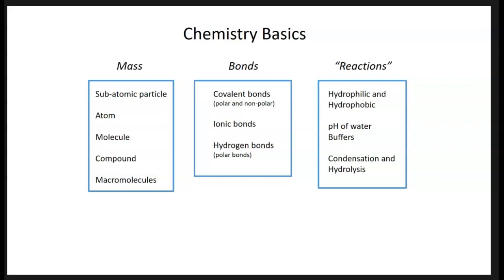So reactions can include the way that different chemicals interact with each other. For example, the hydrophilic and hydrophobic interactions that different types of chemicals with different chemical properties have. We'll also talk about the pH of water and of buffers. And we'll talk about chemical reactions such as condensation and hydrolysis reactions.